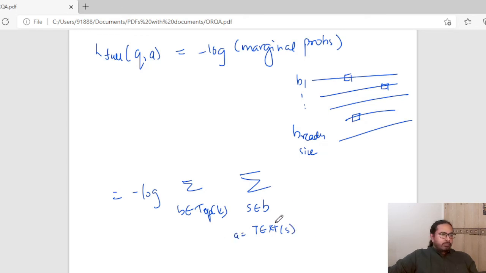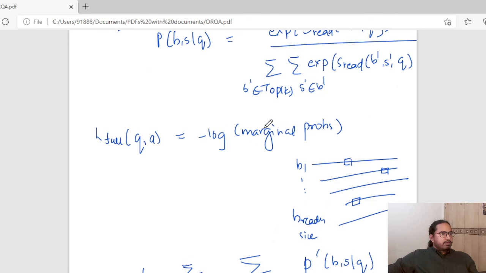Wherever the answer is equal to the text of the span, we include those probabilities. Probability of that particular block and span given that question, which is this value here.